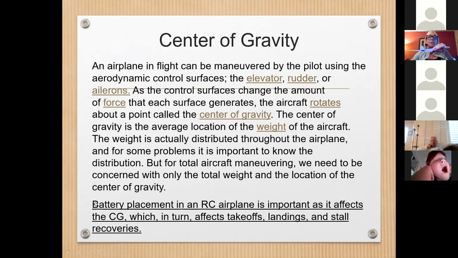At the bottom here, I made it applicable to you in that the battery placement in the RC airplane is important as it affects the CG, which in turn affects takeoffs, landings, and stall recoveries. These are links. You can come back and look at these more in detail. And once again, they're part of the NASA website.